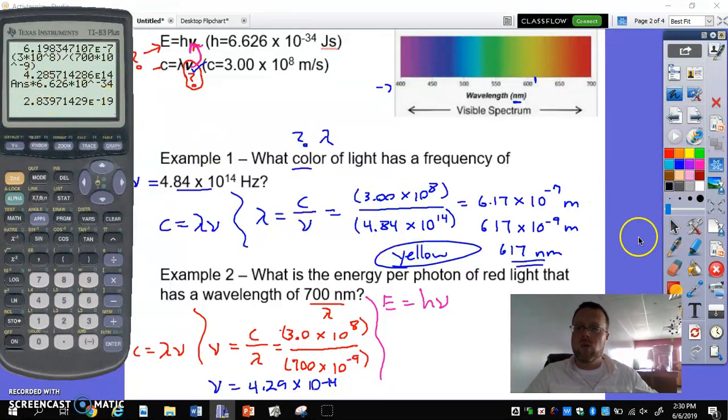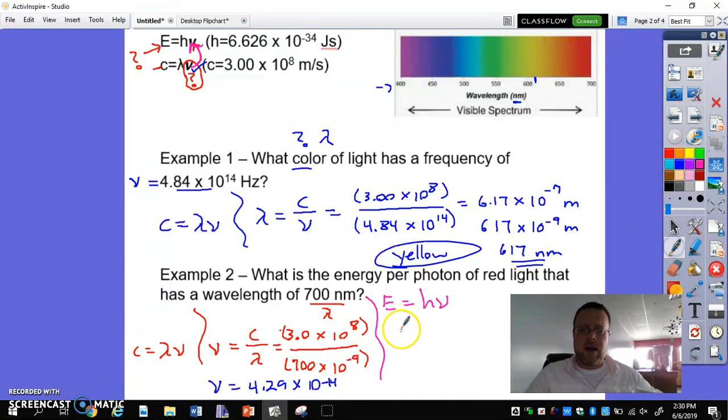So the energy here looks like 2.84 times 10 to the negative 19th power. That's common for visible light, to have energies on the order of 10 to the negative 19th joules. Remember, the unit here is joules since we're talking about energy.